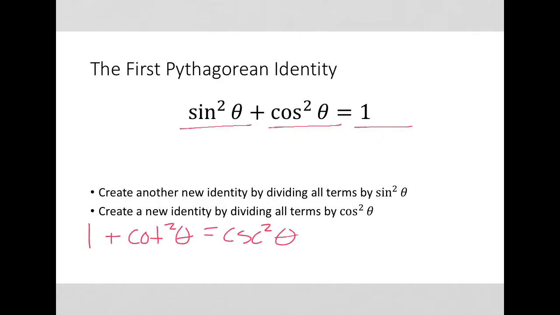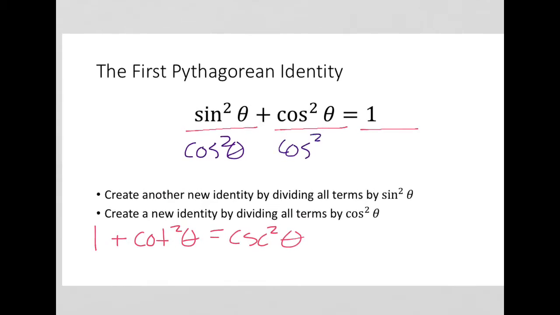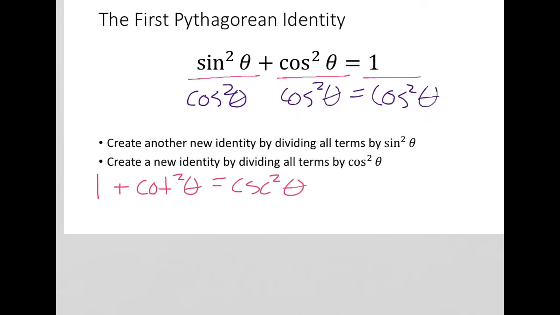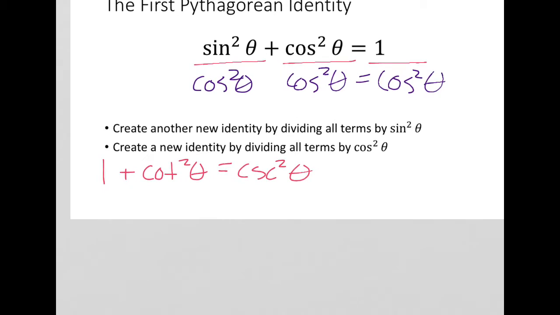Let's do it again, except this time let's divide everything by cosine squared theta. And what do we get? Well, sine over cosine is tangent. So this time we get tangent squared theta.